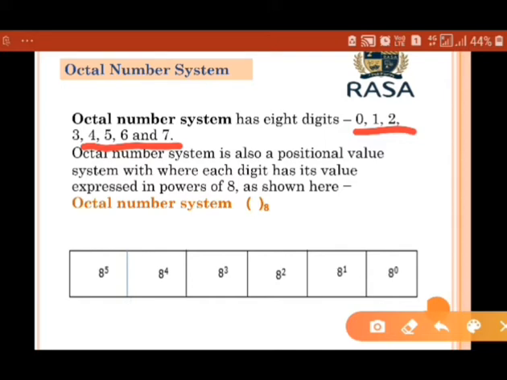Octal number system is also a positional value system where each digit has its value expressed in power of 8. जैसा कि मैंने आपको स्टार्टिंग में बताया था, कौन सी पावर होती है इसकी? 8 पावर. 8 की पावर में हम इसे रिप्रेजेंट करते हैं.